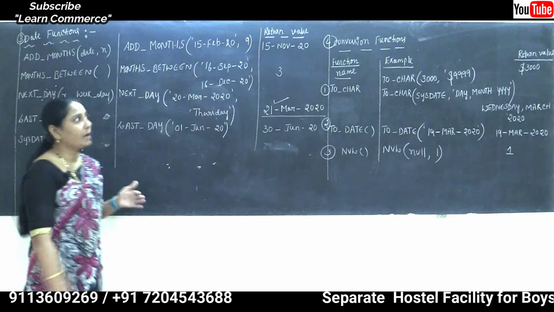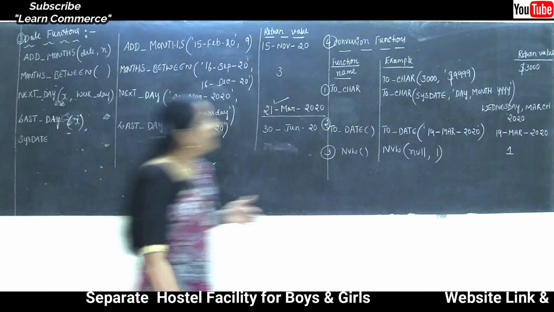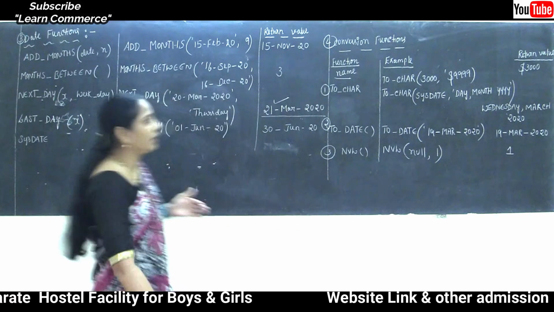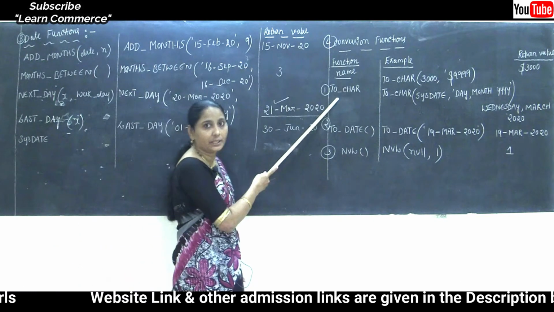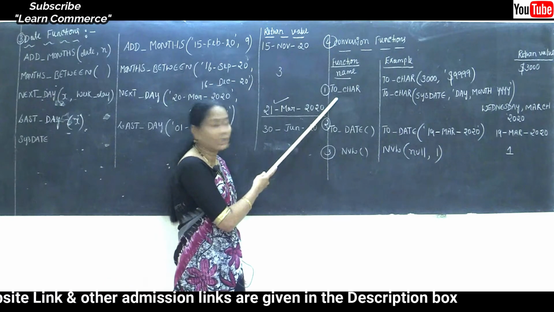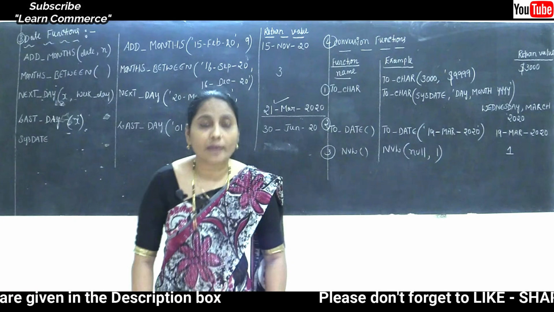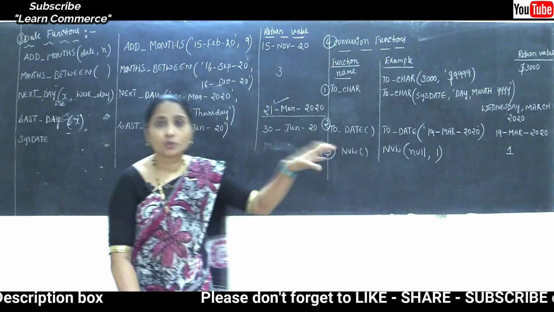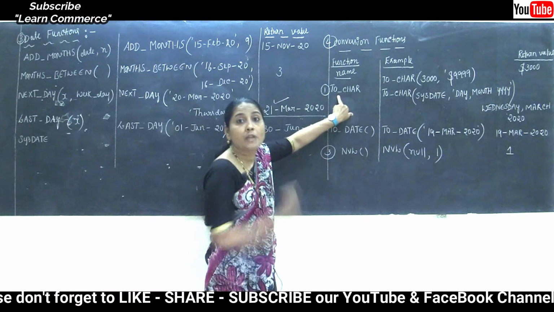Now after completing the explanation about our conversion function, some examples for the conversion function. First of all I am selecting the function name to_char. That means here we are going to convert from one form to another form, called to character.